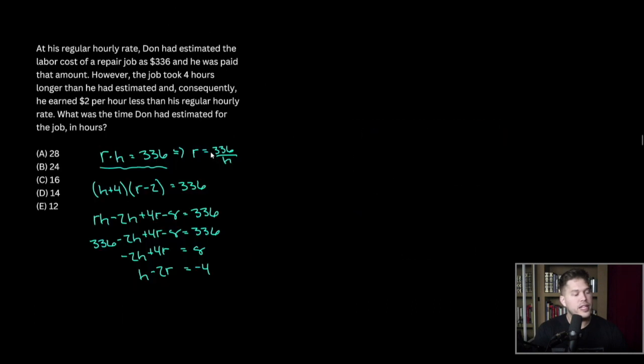Okay, so plugging in the value of 336 over h for r, we'd be left with h minus 2 times r, which is 336 over h, and we know that this is equal to negative 4.